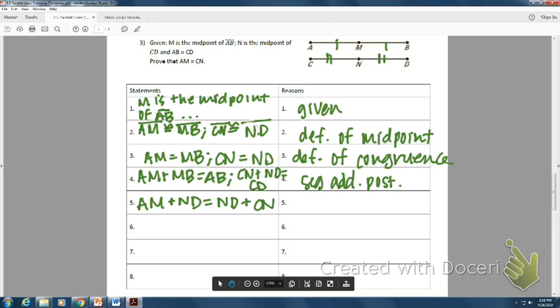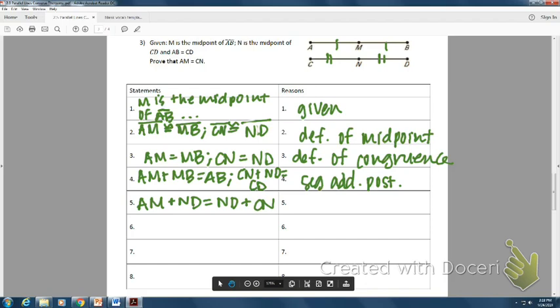How do you know that? Because of substitution. So where did you substitute? In step 4, and given, AB and CD equal each other.